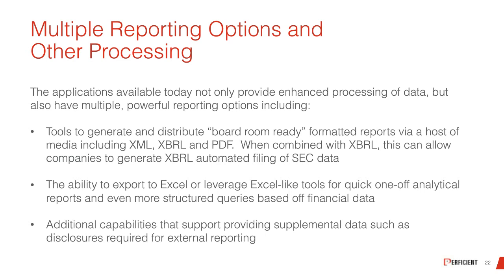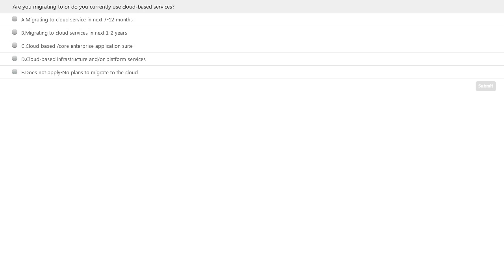Once again, some of them are process-driven, but a lot of this is technology-driven. So now we're at our third polling question. The question is, are you migrating to or do you currently use a cloud-based service? Option 1, maybe in the next 7 to 12 months, and actually you can make that 0 to 12 months if it's sooner.